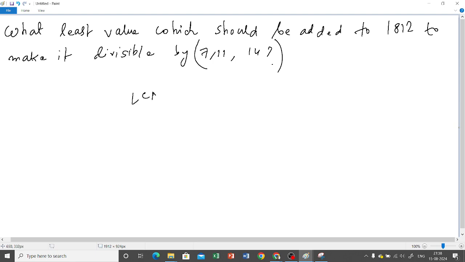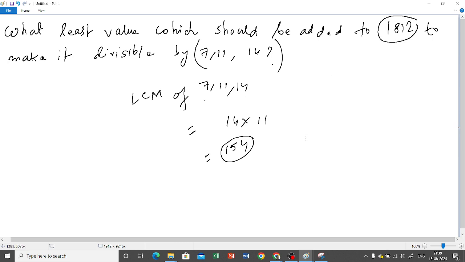Okay, so LCM of 7, 11, 14. 154 is the number which is perfectly divisible by 7, 11 and 14. I need to find out what least value should be added to 1812 to make it divisible by 7, 11, 14.